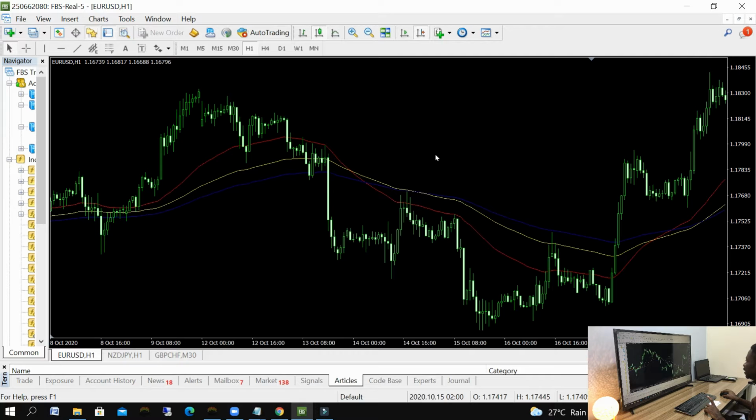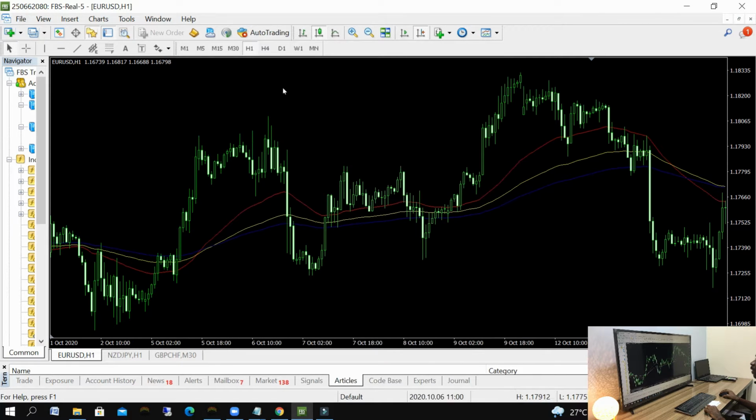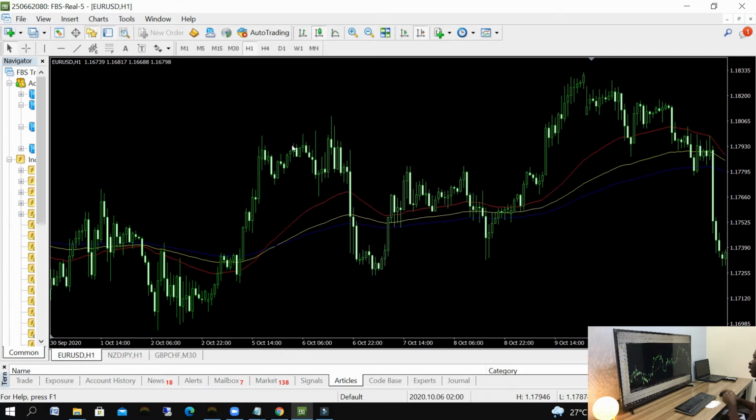Now let me explain the first condition for buy. Anytime you see the indicator lines like this, once the 50 moving average is above the 100 moving average, and the 100 moving average is also above the 150 moving average, then that's a buy signal.